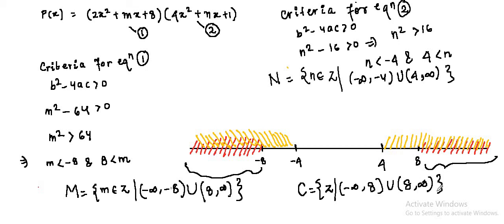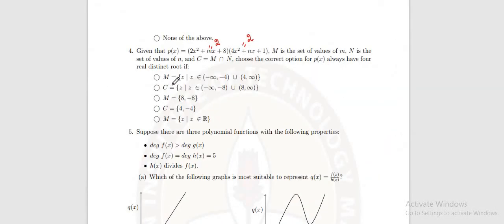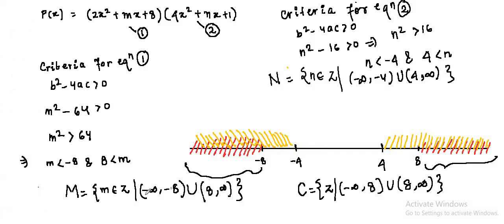So let's check out in which of the options these criteria get satisfied, and that will give you the correct option. Option A says Z will be the element from minus infinity comma minus 4 union 4 comma infinity. But what we have obtained is that the value from minus infinity comma minus 8 union 8 comma infinity.